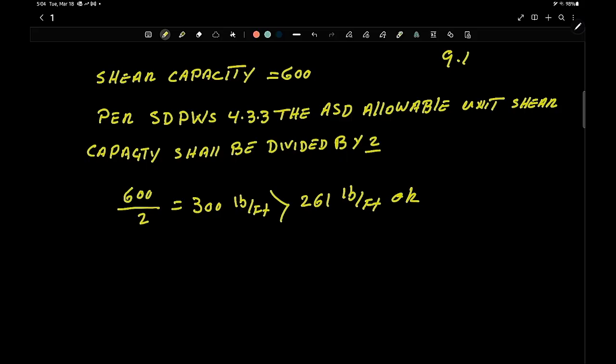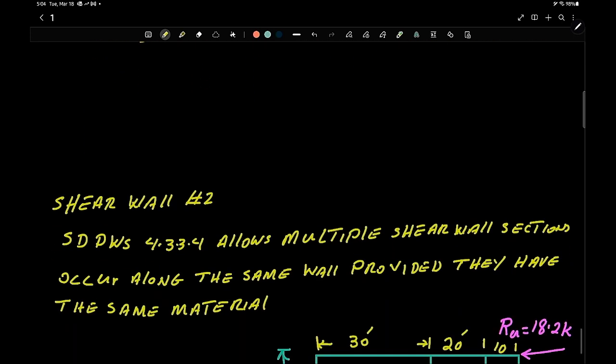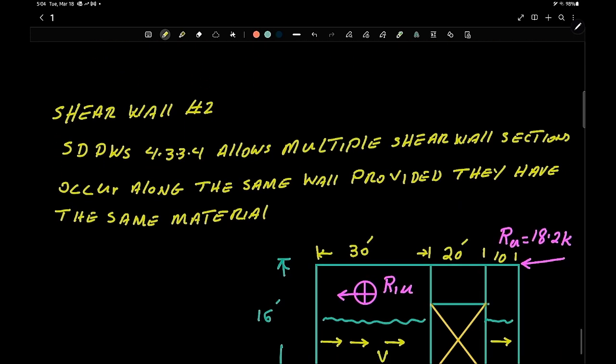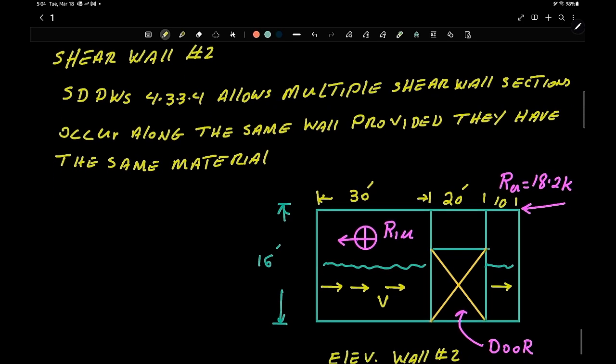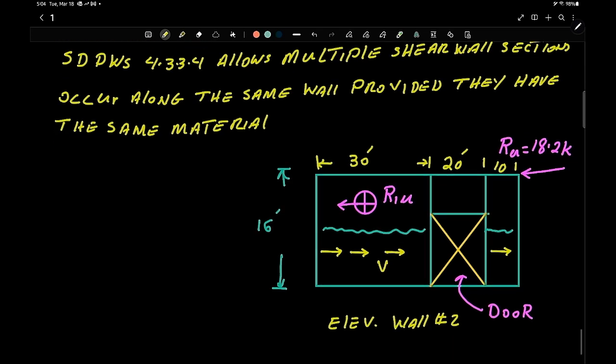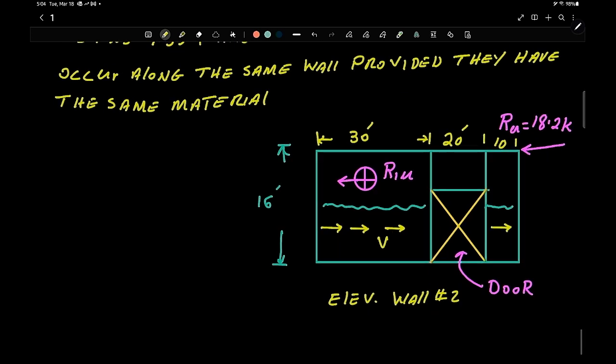All right, we're going to move on to wall number 2, which I wrote down. So, shear wall number 2. The same code allows us, if you have multiple walls going across but they're all made of the same material, to use them together. So like in here, if you're looking at the wall elevation right here, we've got the doorway and all material the same.